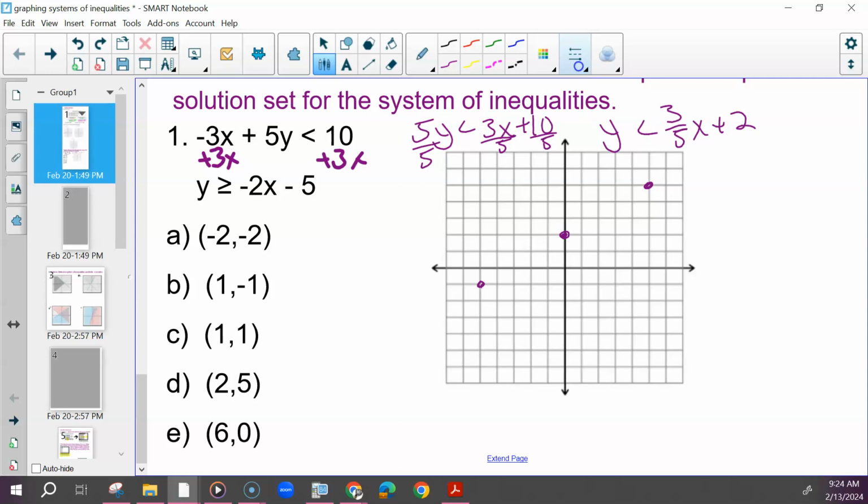Would this be dashed or solid? Shaded above or below?